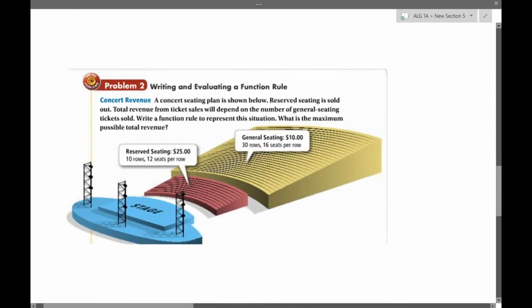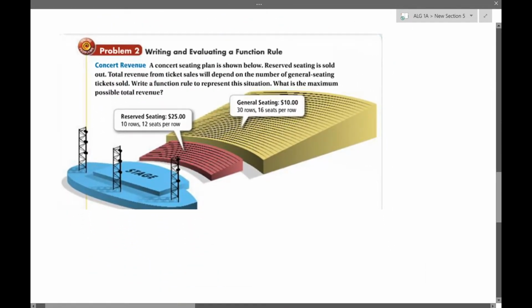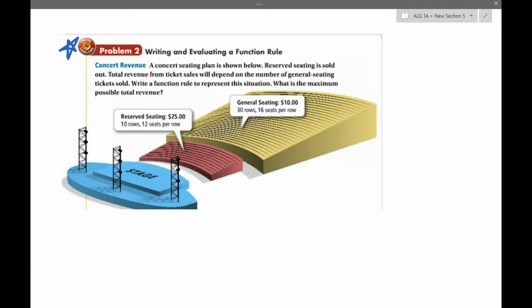Number 2 is writing and evaluating a function rule. So you should be writing this down. You do not have to write the problem, so don't worry about the problem. Okay. All right, so the problem says a concert seating plan is shown below. Reserved seating is sold out.